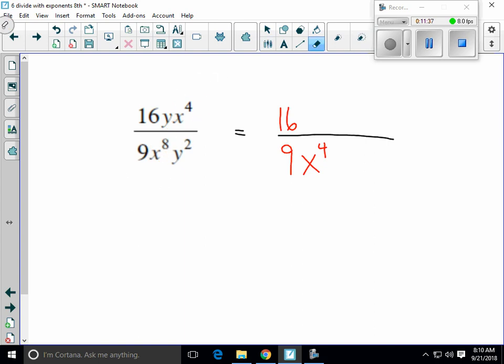Okay, for my y terms, I have y to the first divided by y to the second, so I have more y's in the denominator again, and 2 minus 1 is 1. Okay, if you have an exponent of 1, again, you don't have to write that, so you can write just y instead of y to the first power.